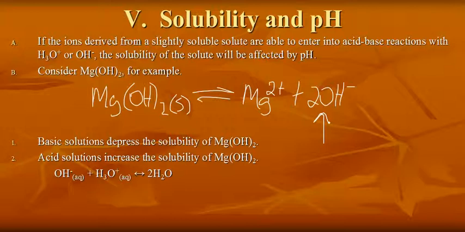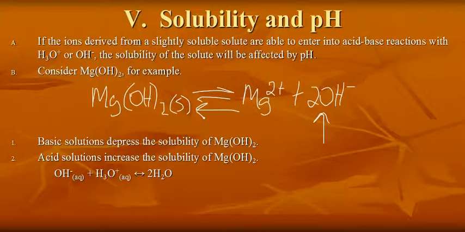So according to Le Chatelier's principle, equilibrium will shift to the left and produce less products, less ions. So basic solutions depress the solubility. You get less ions, according to Le Chatelier's principle.